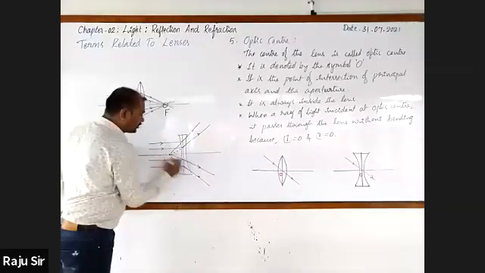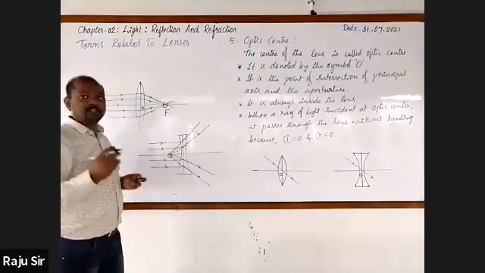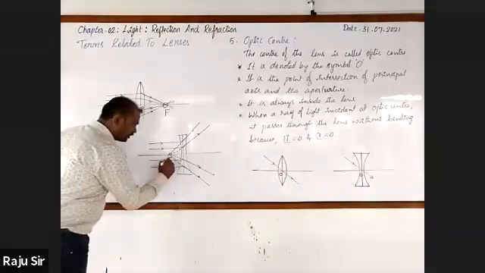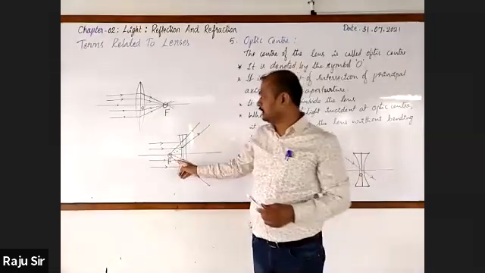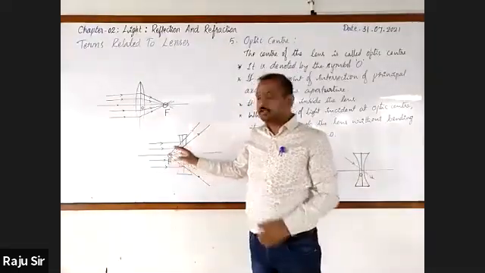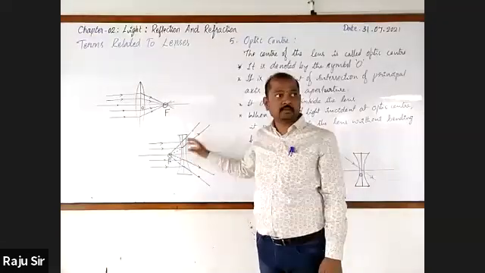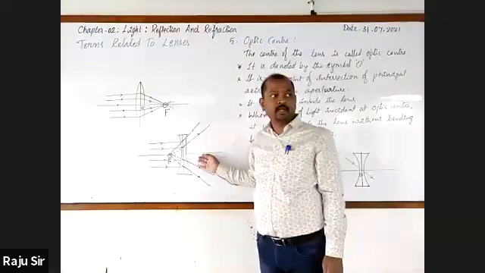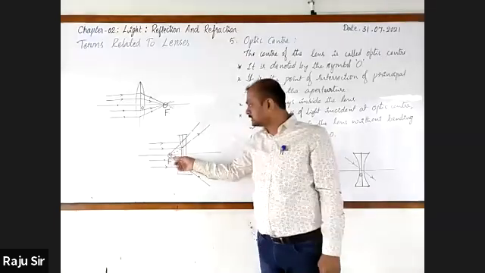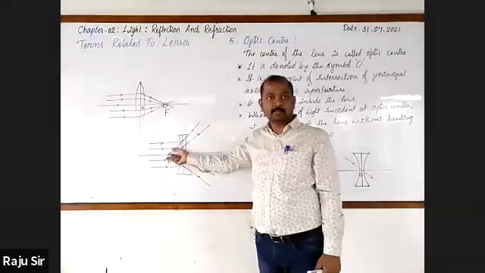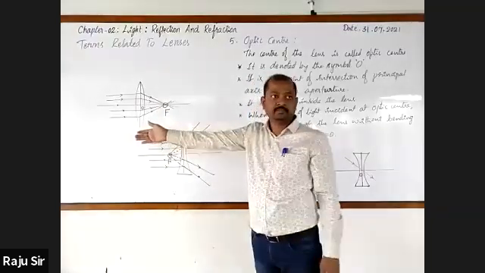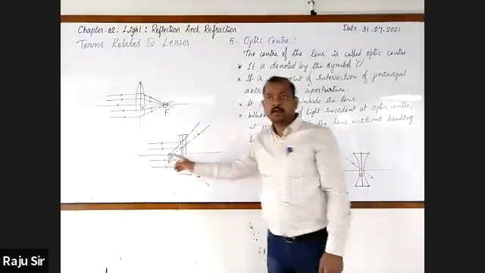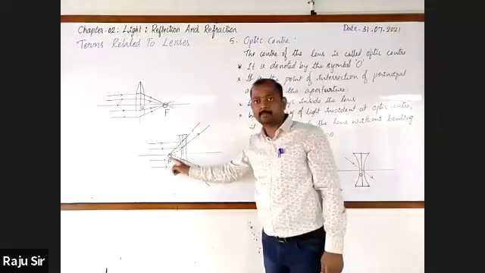Then we call this point the diverging point. It is also called principal focus of concave lens. Actually the rays of light will not meet after the refraction, but they appear as if they are meeting at a point when the refracted light rays are extended on the other side. Clear? Let me explain the definition.